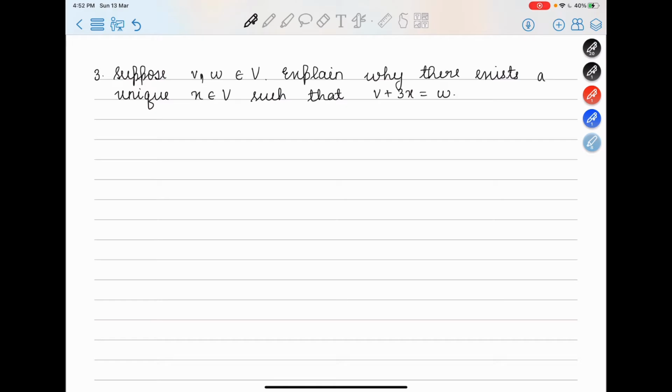Suppose v and w belong to V. Explain why there exists a unique x in V such that v plus 3x equals w. They are saying that v and w are already in V. So what I can do here is first find out what is x. 3x will be w minus v. x will be 1 by 3 times w minus v.